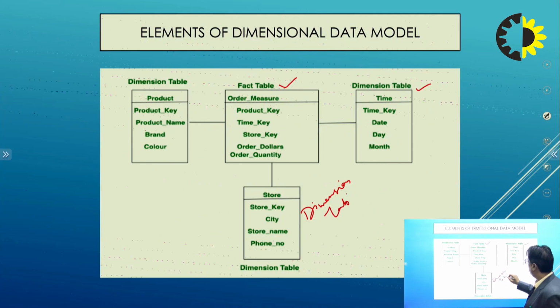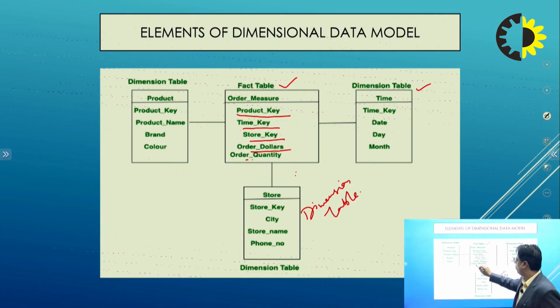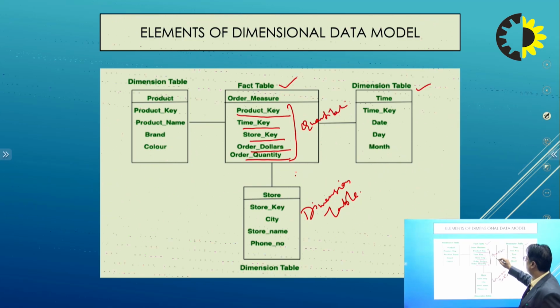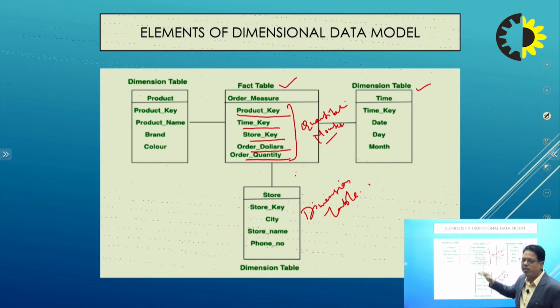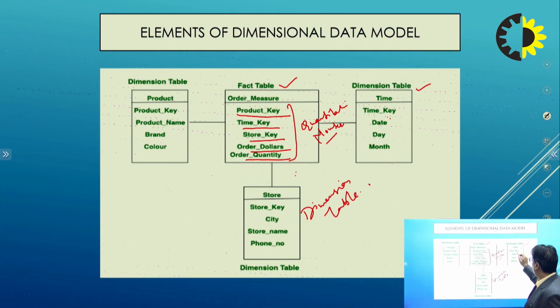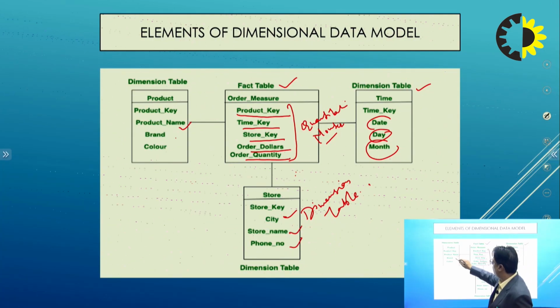So we see the product key, time key, store key, order dollars and order quantity. All these are quantitative numbers, which are included in the fact table. But you see in the dimension tables the date, day, month, city, store name, phone number, product name, brand and color.